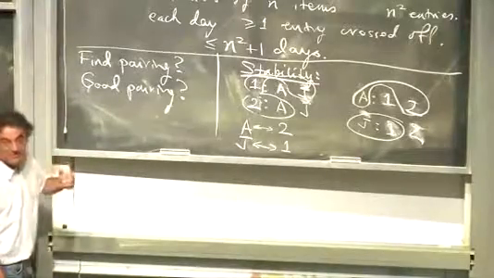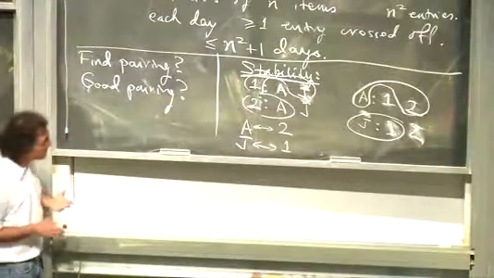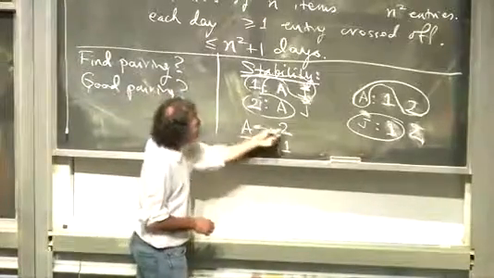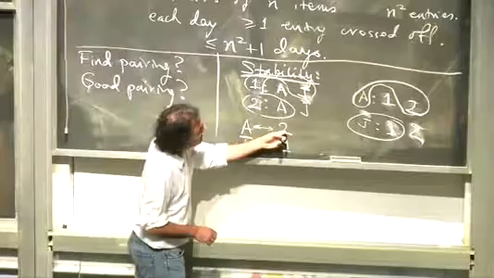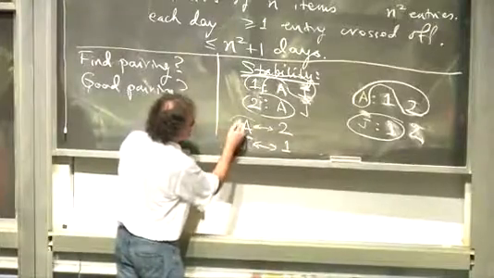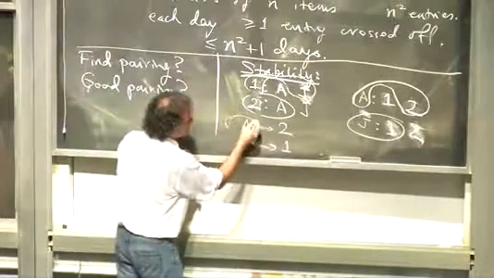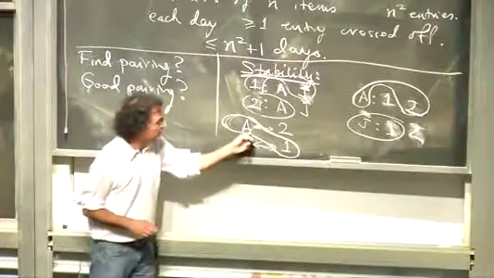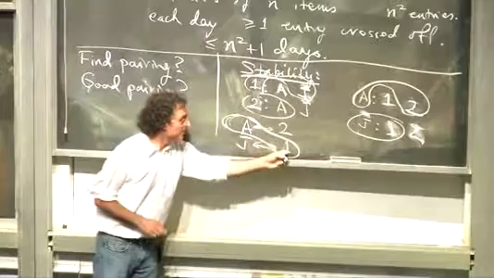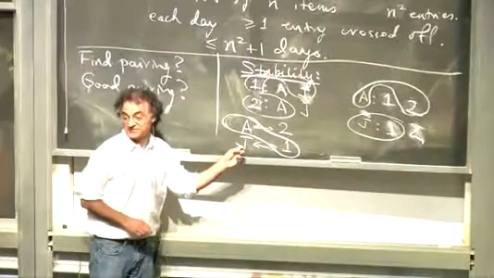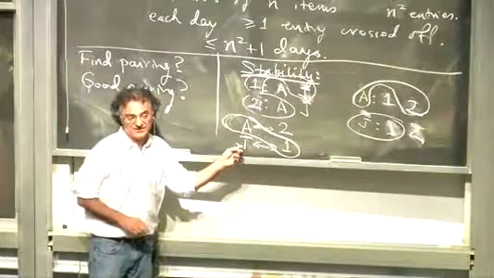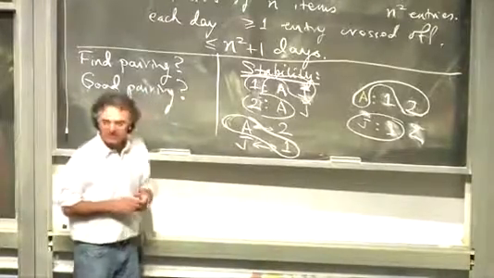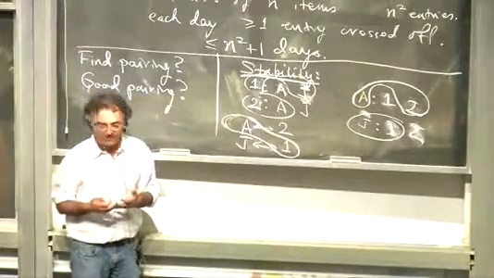But the problem here is not just that one doesn't like J as much, but also A doesn't like 2 as much. So in fact, A prefers 1 to 2, and 1 prefers A to J. This is not a good thing, because this is an unstable situation.